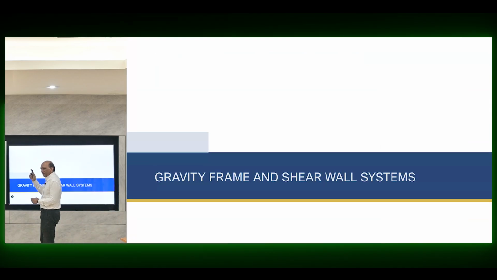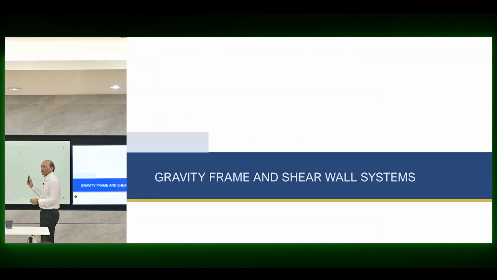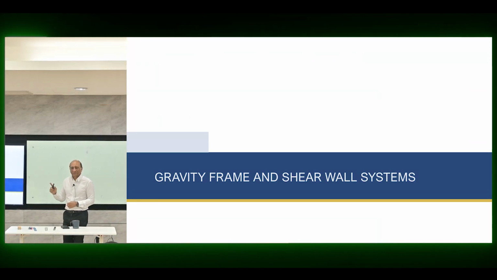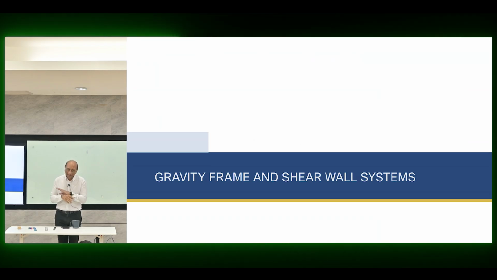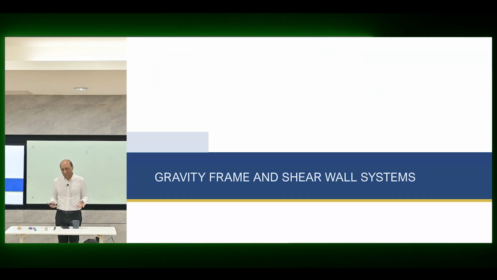There is another variation of the wall and frame system, which is called building frame, which says that, okay, I will not use my frame at all for lateral loads. I will use only the core wall for taking 100% of my loads.